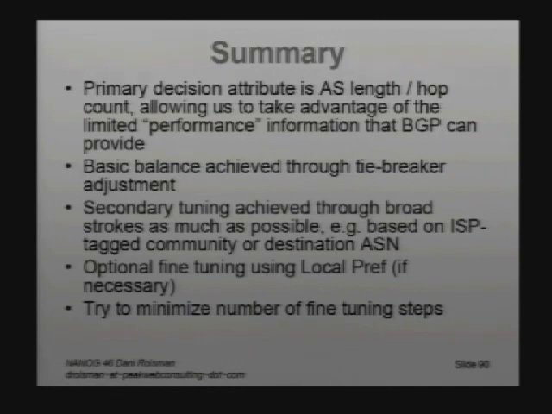Maybe you use fine-tuning if necessary for stuff that can't get done with communities and metrics. And try to minimize those fine-tuning steps, because the longer your policy is, the more complicated it is, the more difficult it is for you to troubleshoot, the next person to troubleshoot, and the more chances that you as the author might get woken up even though you're not on shift at 2 a.m. that morning.